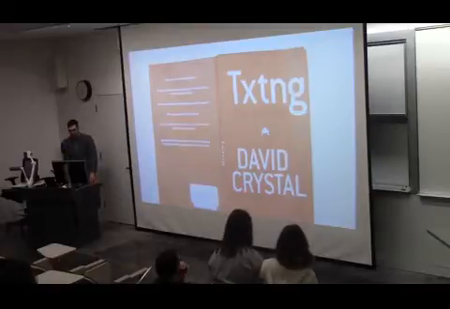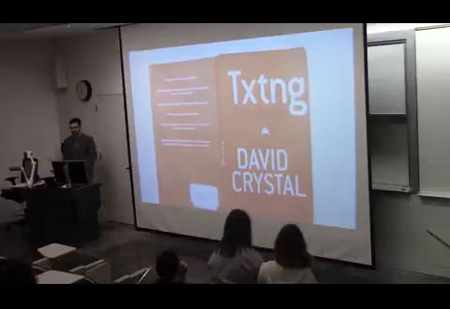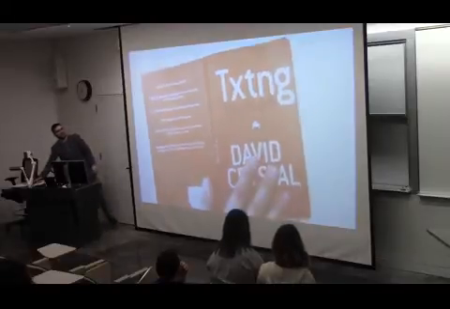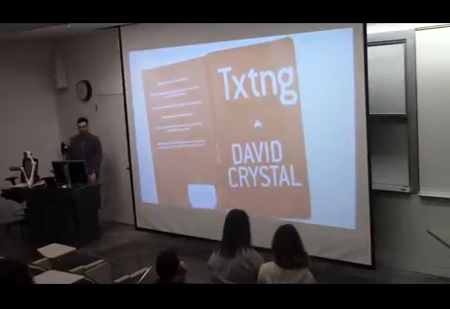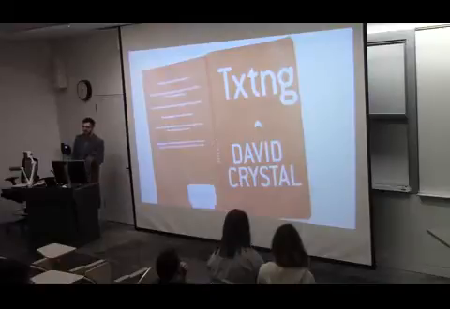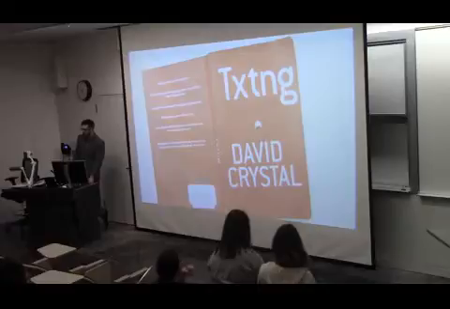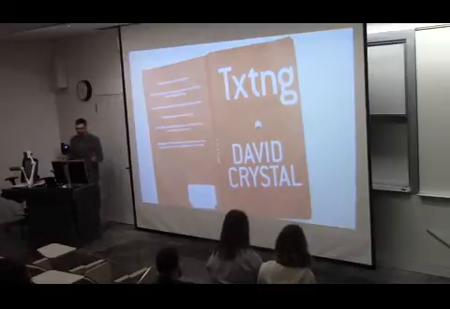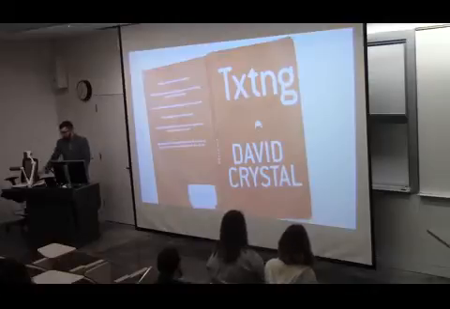There are a couple of different aspects of texting from this book that I'm going to go over, and I've already kind of mentioned them in other writing systems. So, logograms, however they're pronounced.